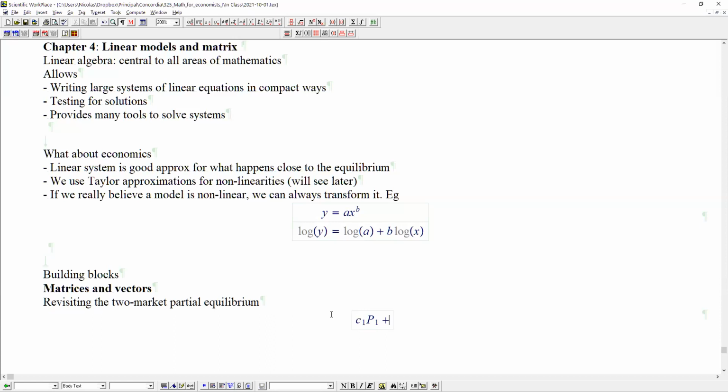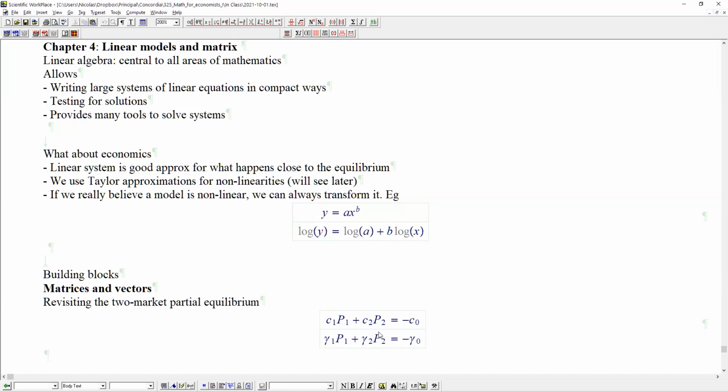So, C2 equals, I'm going to write minus C0. This is just because I had C0 plus C1 P1 plus C2 P2. And then I'm going to write gamma 1 P1 plus gamma 2 P2 minus gamma 0.